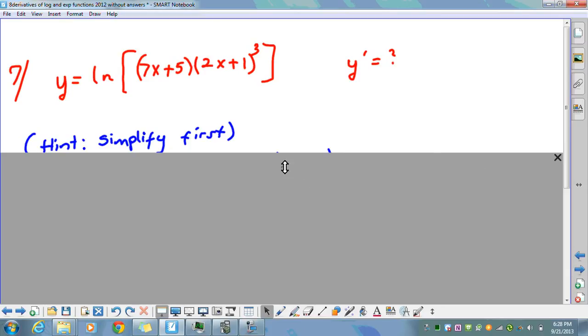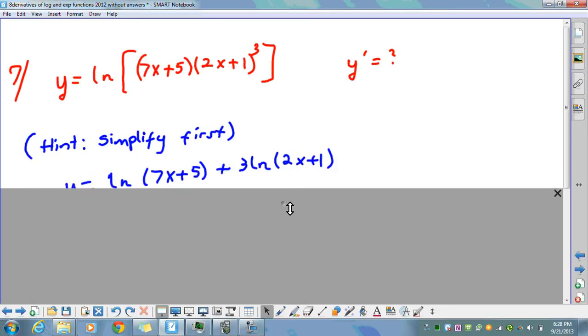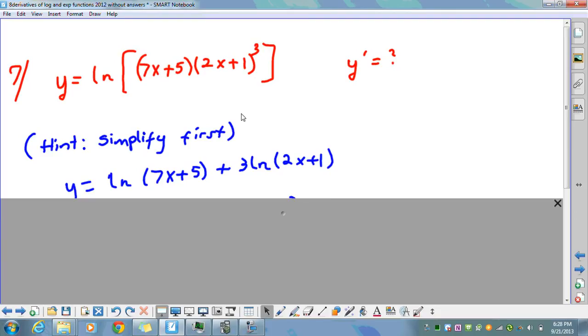So if you apply properties of logs, you have log of a times b here. You should break it apart as a sum of two logs, and that power can also be brought down as a 3. Now it looks much easier, and it'll be so much easier to differentiate this. You don't need the product rule anymore. Just differentiate each piece one at a time.